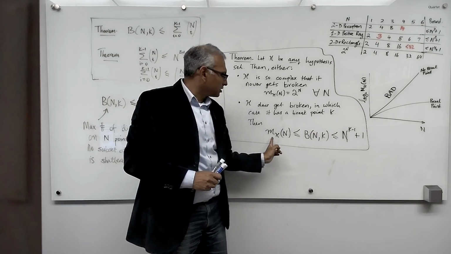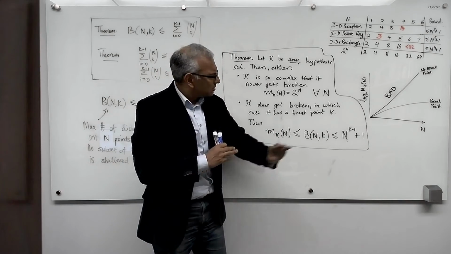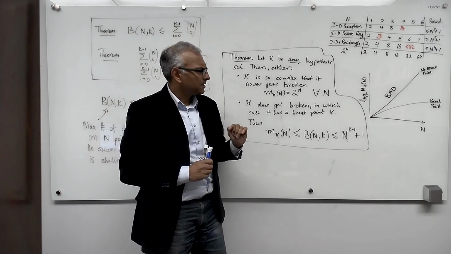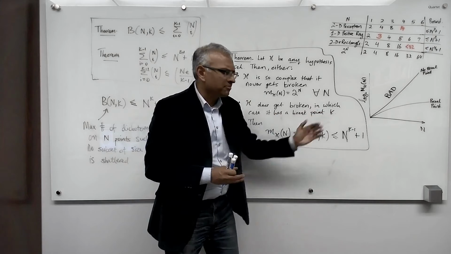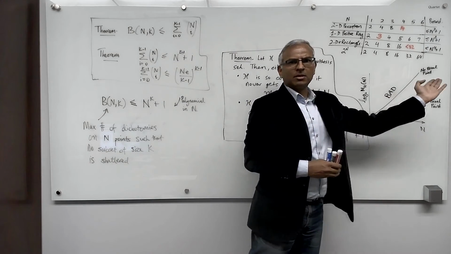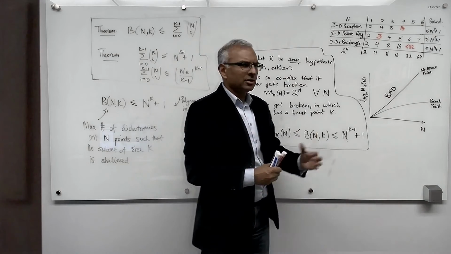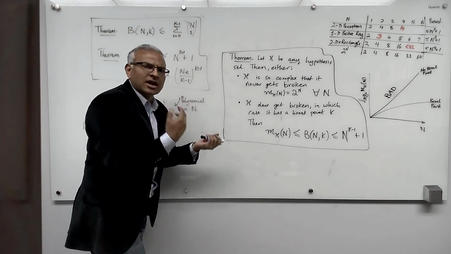So the bound on the growth function, the bound on the complexity, just depends on the breakpoint. That's the first interesting observation: all hypothesis sets that have the same breakpoint are bunched together. They all have an equal complexity. So you can think of this breakpoint as capturing the effective complexity of a hypothesis set.